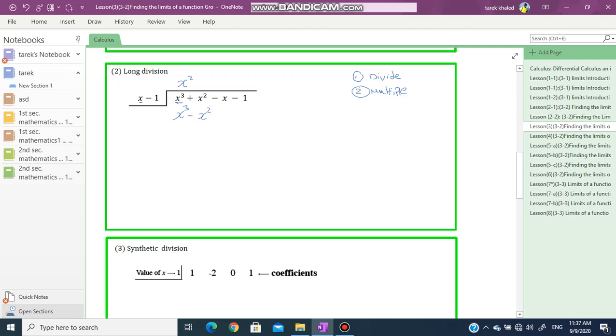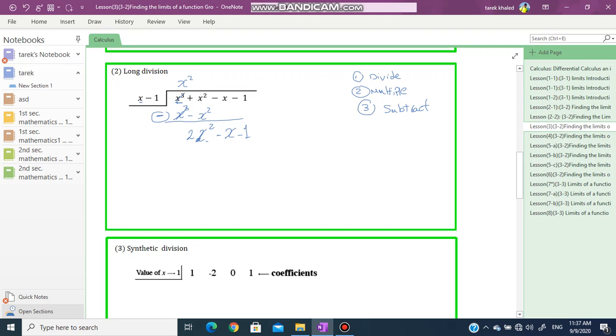The third step, subtract. x power 3 minus x power 3 is 0, it will be cancelled. x power 2 minus negative x power 2 will be 2x power 2 minus x minus 1.